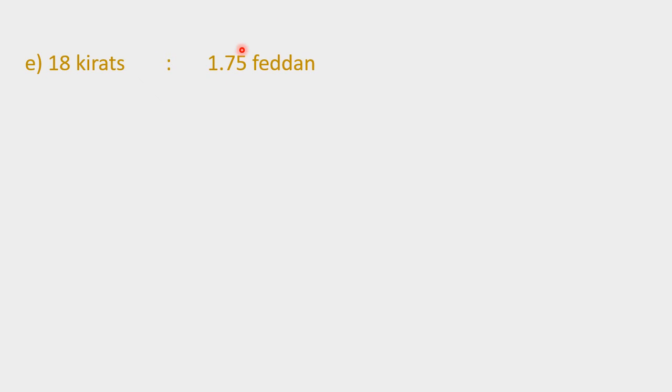We can convert from feddan to carats by multiplying by 24, because the feddan has 24 carats. 1.75 multiplied by 24, using the calculator, equals 42 carats. Then we have the ratio 18 carats to 42 carats. We can ignore the units, then we have the ratio 18 to 42.